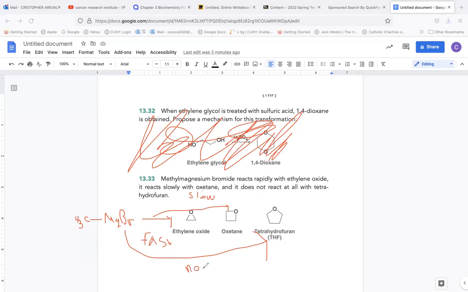No reaction. That's what it's saying in those words. So let's figure out why. I'll give you a second to think about it before I go over it.